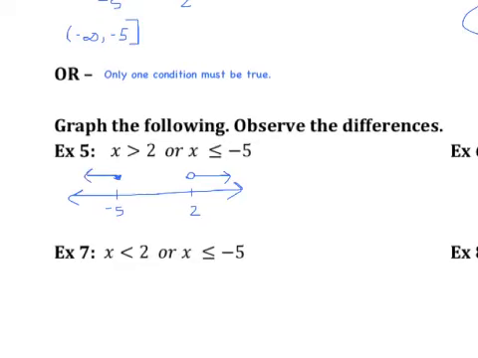Well, since it doesn't have to satisfy both of them like the same condition with the and, we can use this. But there's this huge gap in the middle, so we're going to have separate intervals, negative infinity to negative 5, bracket, and then parentheses 2 to infinity. What we need for a complete answer is a union of the two sets, so we're going to put a U there to show that the two sets are unified.